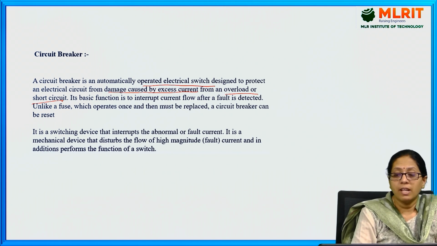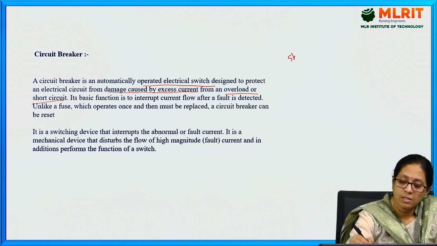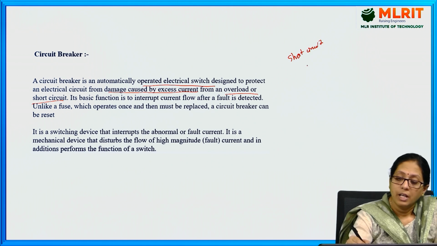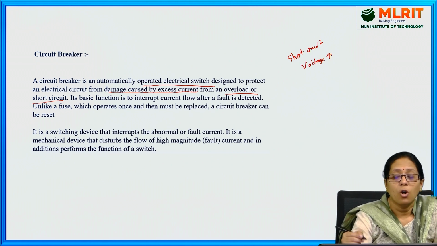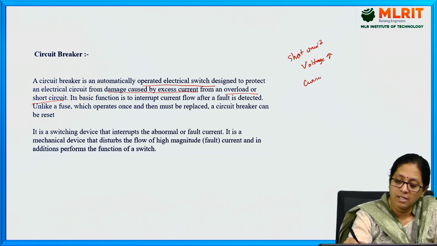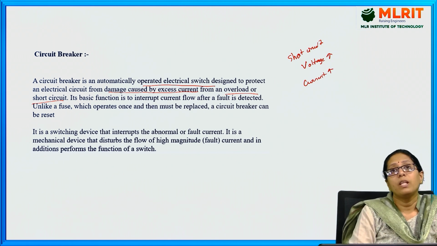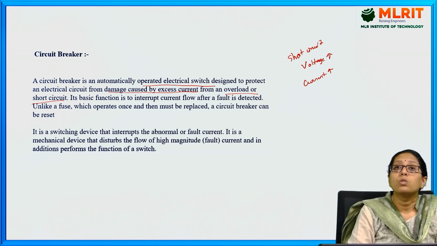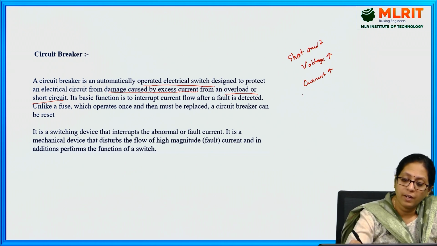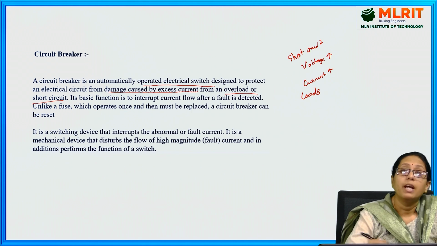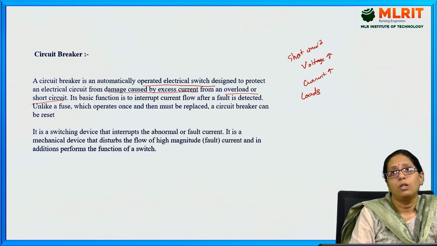That means if any short circuit occurs, or if the voltage increases, or if the current increases, the circuit breaker will operate or it will switch off the connection which is being connected to different types of loads in order to protect the load.